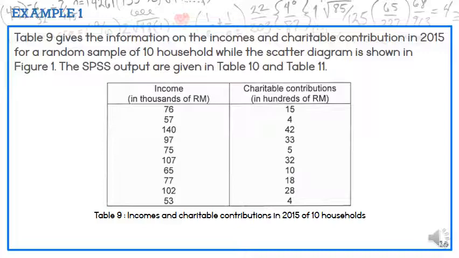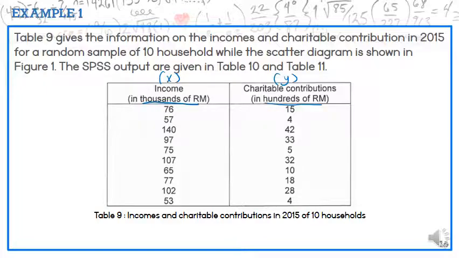So here, logically, your charitable contribution, how much you can contribute, depends on your income. Charitable contribution depends on your income, so charitable contribution jadi Y, income jadi X. Always alert dengan unit, thousands of RM, hundreds of RM.